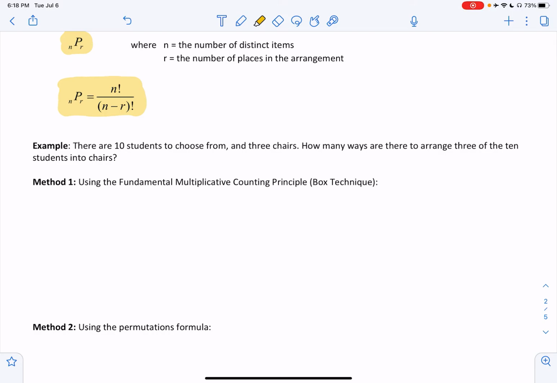So we'll start by using our fundamental multiplicative counting principle, which we were using prior to finding out this formula. So when we're looking at the fundamental multiplicative counting principle, that's where we draw out our spaces. So we have 3 chairs: first chair, second chair, and our third chair.